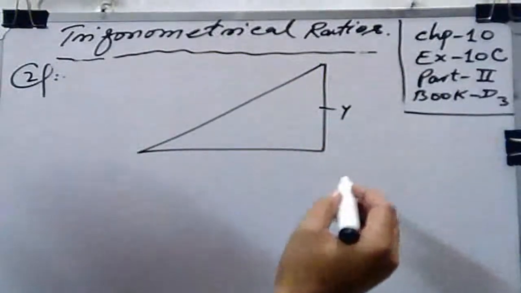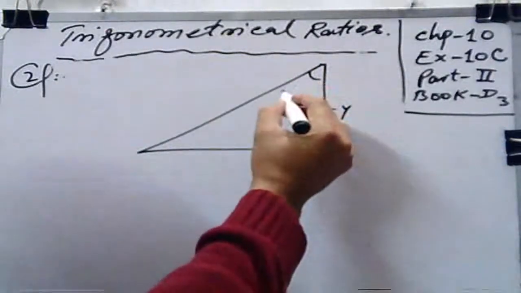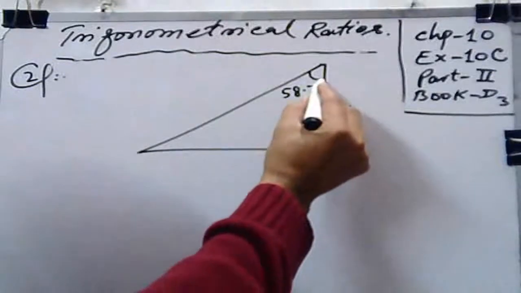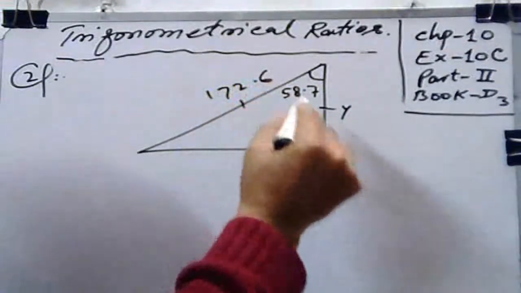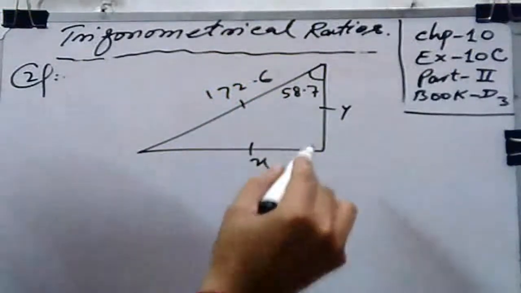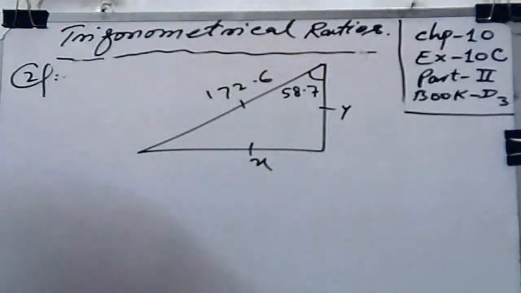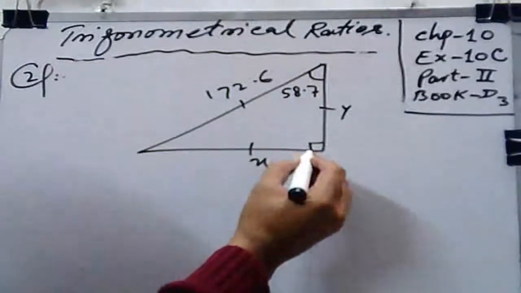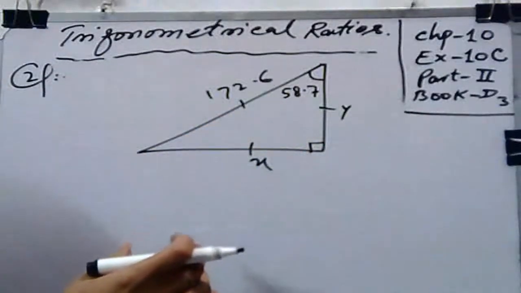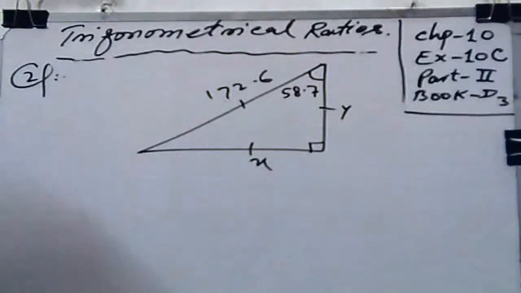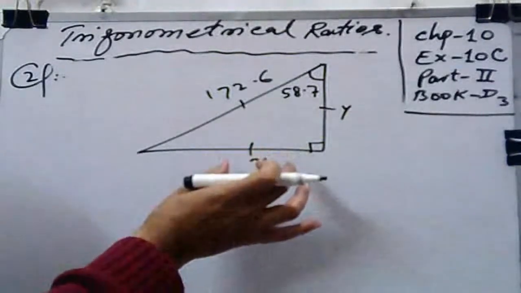in this you can see the triangle, that is your y, and this angle is 58.7, and this is your 172.6. Here is your x. So here is your 90. We have to find it by the same methodology.